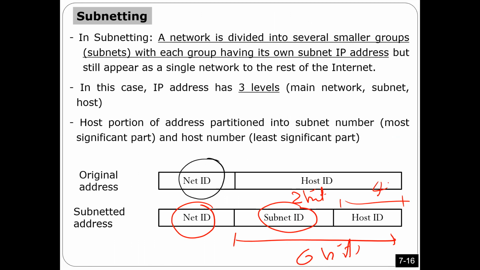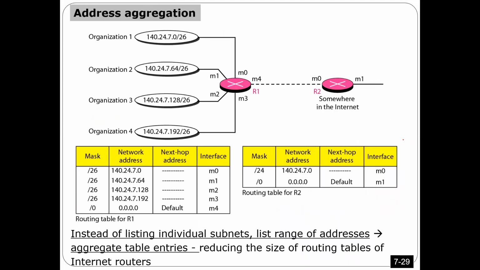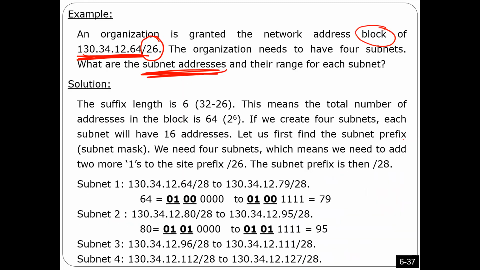Because it is 2 bits, I can have 4 subnetworks, and because we have 4 bits for hosts, every subnetwork can have 2 to the power of 4, which is 16 computers. That's exactly what I did here. This part is a complete byte, this part is a complete byte, this part is a complete byte, but this is not a complete byte.